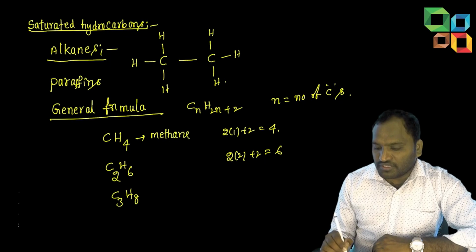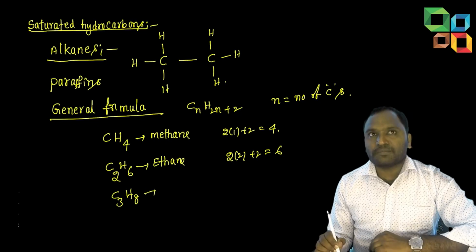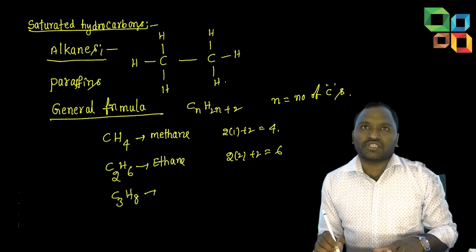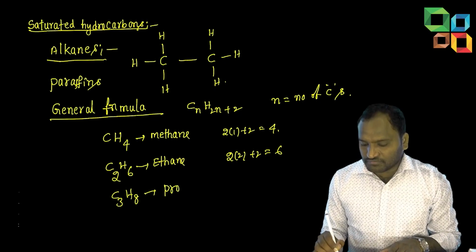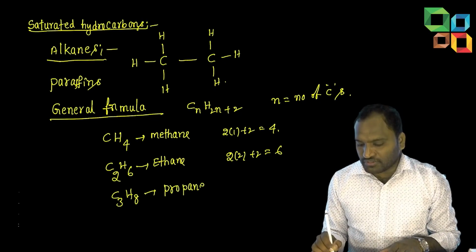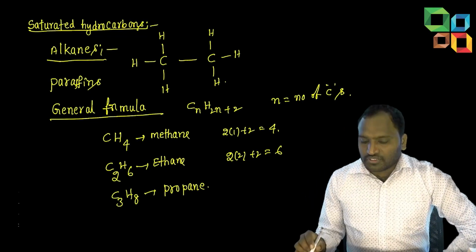So these are methane, ethane. For saturated compounds, we will use the suffix AN. Propane. This anyway I will give in IUPAC. Okay, students.